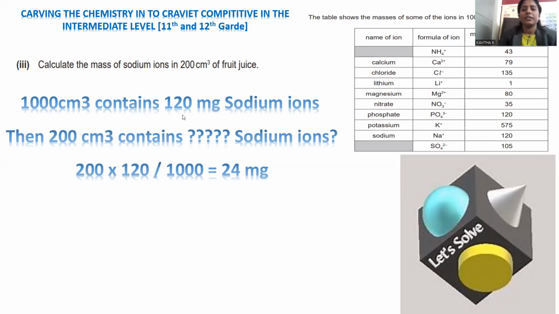Then in 200 cubic centimeters, how much sodium will be there? We have to go for cross multiplication: 200 multiplied by 120 divided by 1000 gives 24 milligrams. So 24 milligrams of sodium ions are present in 200 cubic centimeters of fruit juice.